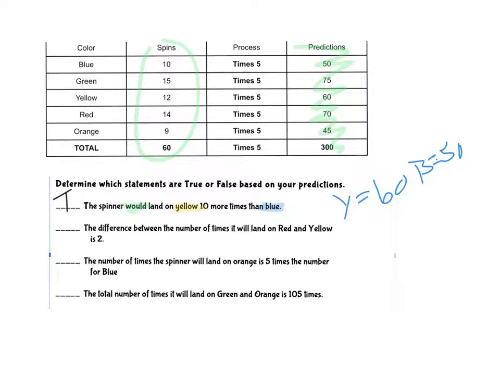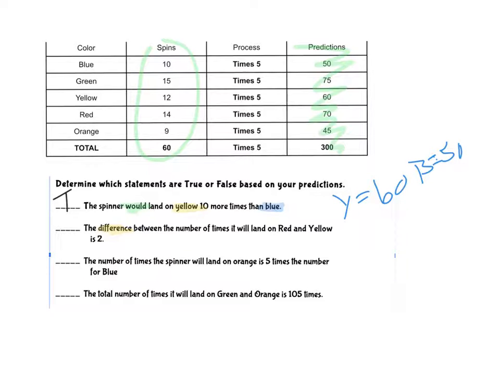All right, let's look at statement 2. The difference between the number of times it would land on red and yellow is 2. The word difference, I highlight that word, means that we want to know how far apart the two items are. So the difference between red and yellow is 2 is asking, are red and yellow in the predictions column 2 apart?